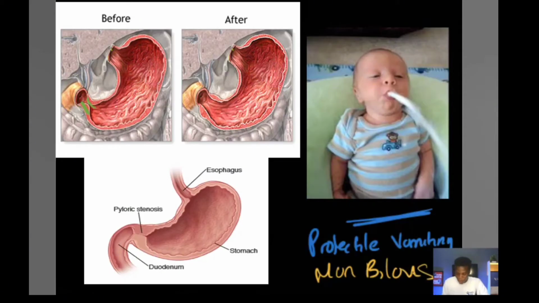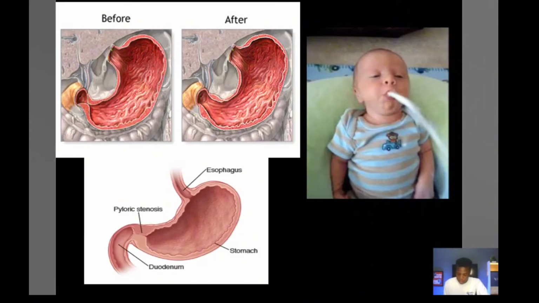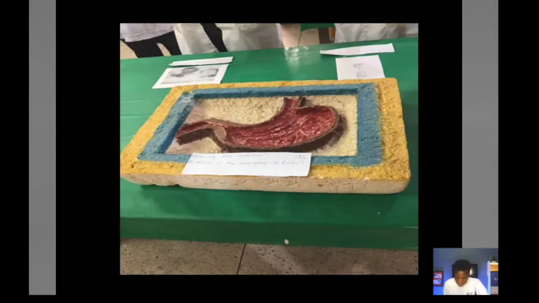But in this case of pyloric stenosis, it would be non-bilious. Are we good? So if you're asked this form of vomitus, bilious or non-bilious, expect it to be non-bilious. That's answering the question we had right here. The condition is pyloric stenosis. The embryological reasoning for it is hypertrophy of the pyloric sphincter.